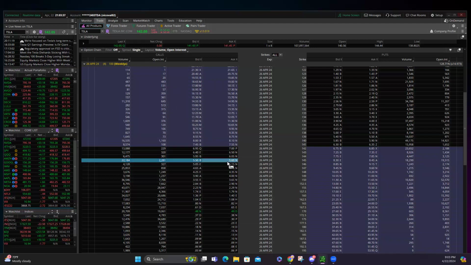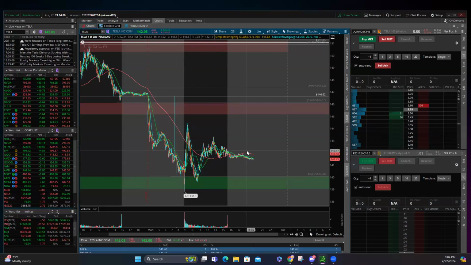But if you're buying a call with a certain amount of premium, the max loss you're going to have is just the premium. Same with a put if you're buying it, but you have to be careful not to sell a put or sell a call, because if the price goes up or down, it's a different story. So the difference is when you buy it, and you have to be careful when you sell it.